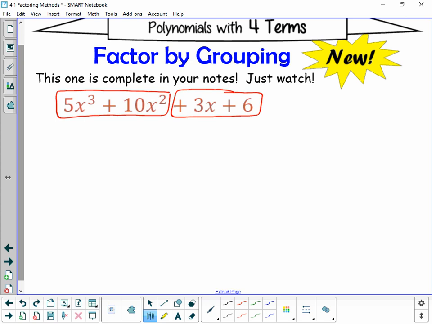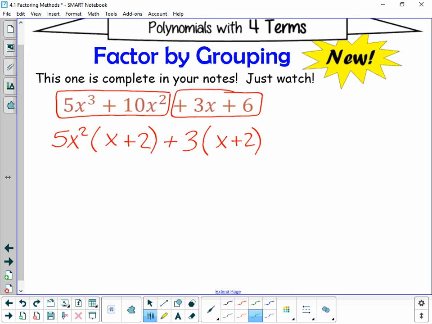Well, in this first group, we have a common factor of 5x squared. And if we factor that out, we're left with an x plus a 2. In the second group, we have a 3x and a 6. So those both have a 3 in common. That's their GCF. If we factor that 3 out, we're left with an x plus 2. Now here's where grouping comes into play.